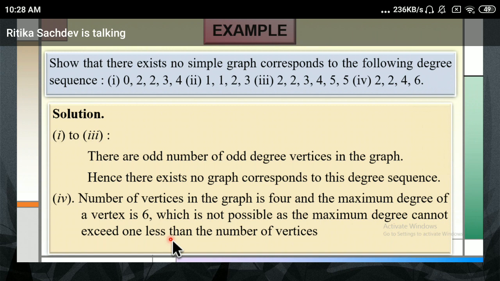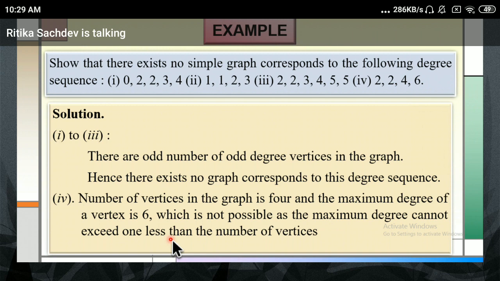Now, what do I mean by this? If there are n vertices, and I take the first vertex, this first vertex can join only the remaining n minus 1 vertices. That means if there are 5 vertices and I select the first vertex, then this first vertex can be connected only to the remaining 4 vertices.